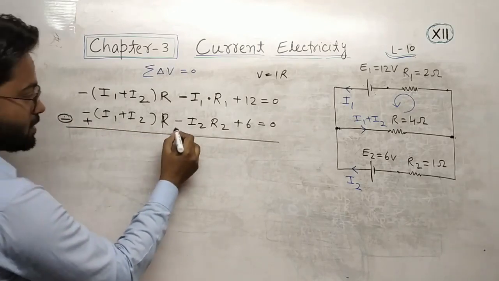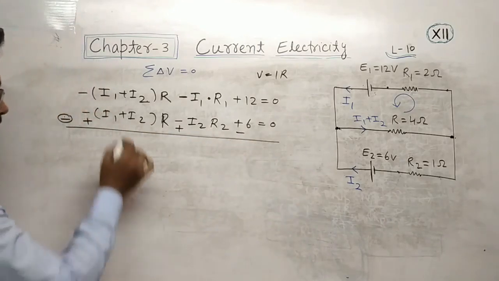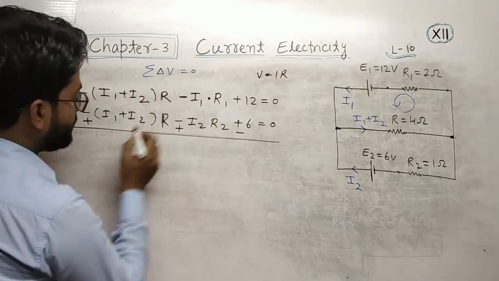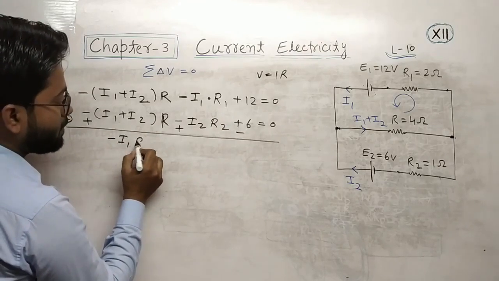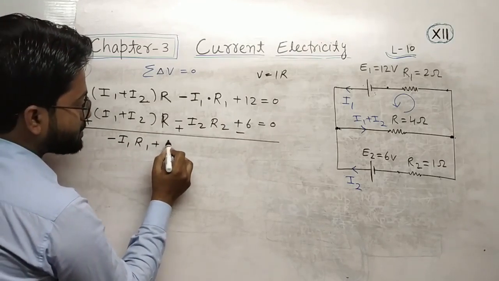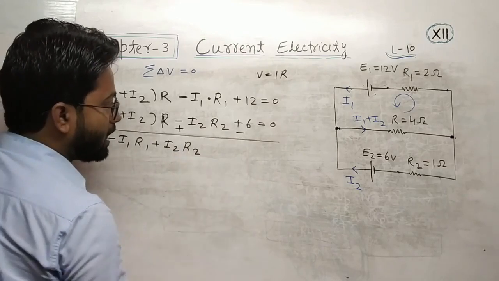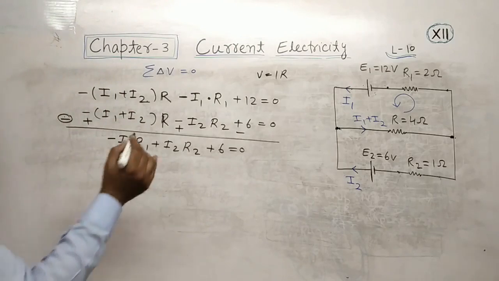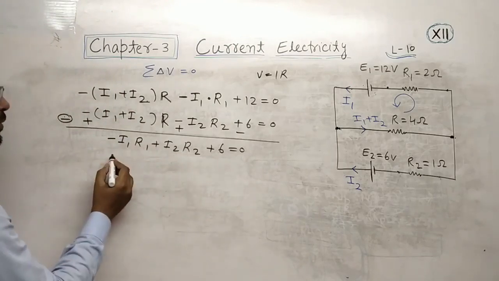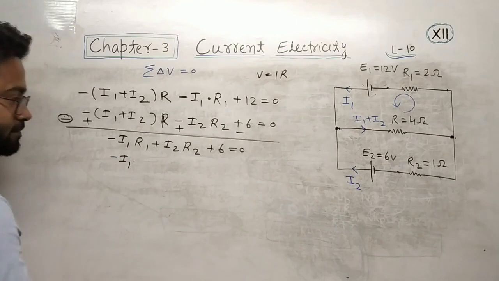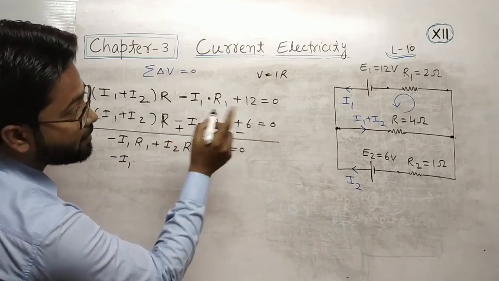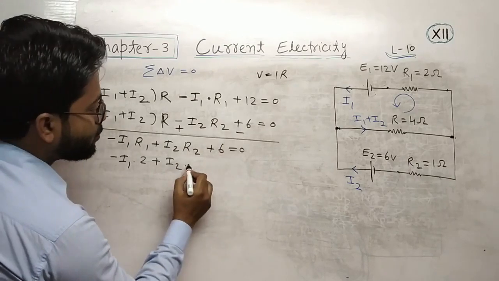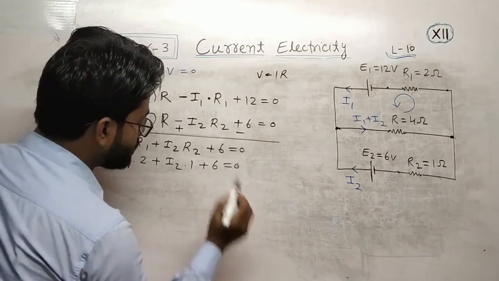This will be plus, and this is minus, and this will be cancelled out because it is the same. This is minus I1 R1 plus I2 R2 and plus 6 is equal to 0. Put the values of R1 and R2: minus I1 times R1, which is 2 ohm, plus I2 times R2, which is 1, plus 6 is equal to 0.